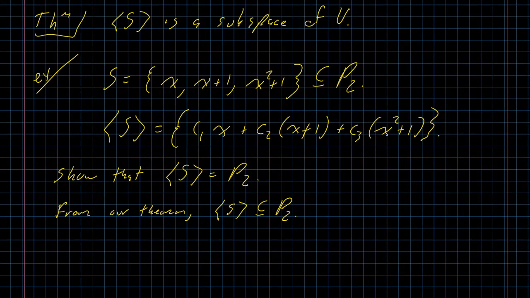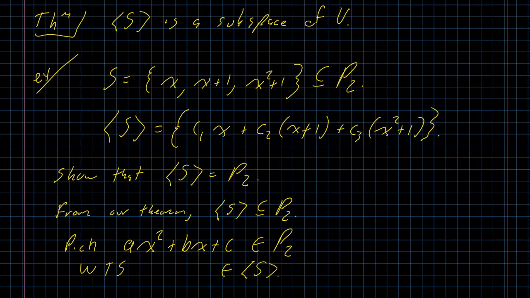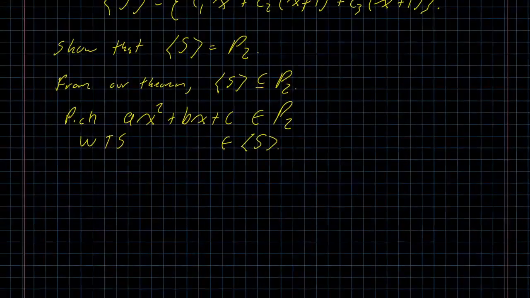So what we want to show is the other direction. Pick ax squared plus bx plus c in the set P2, and we want to show that this is also in the span of S. If it is, then that means that ax squared plus bx plus c is equal to some constant. Well, I've already used c here, so I don't want to use c again.